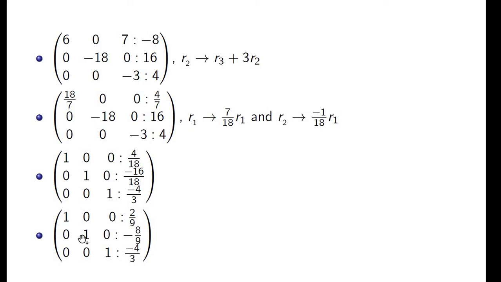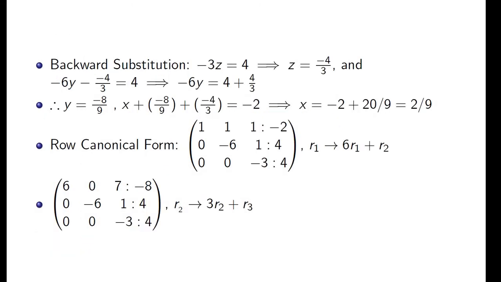If we simplify further, we can see now the system is finally in row canonical form, and we can read off the solution on the matrix. For instance, x is equal to 2 over 9, y is equal to negative 8 over 9, and z is equal to negative 4 over 3. If we go back to our backward substitution solutions, we will see that this solution is the same.